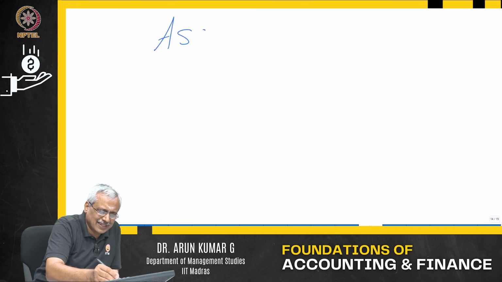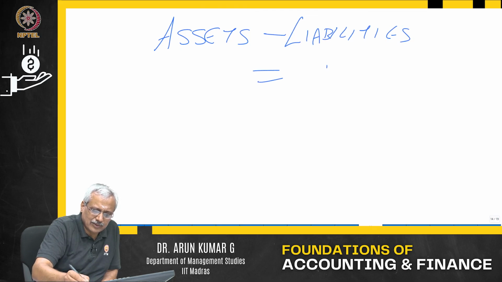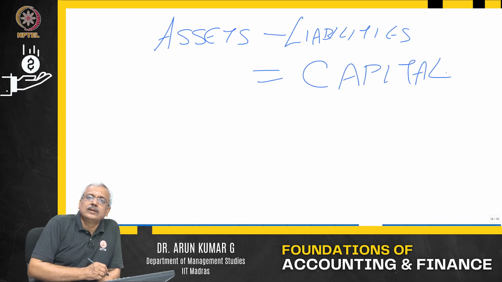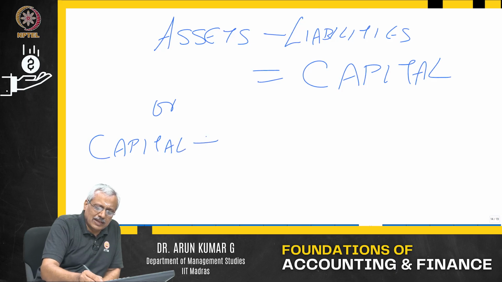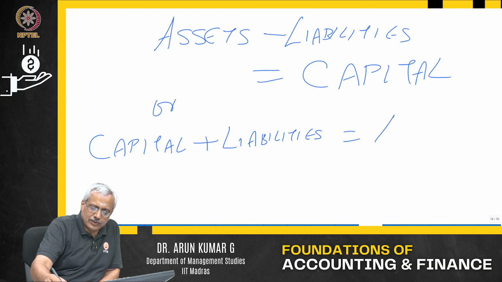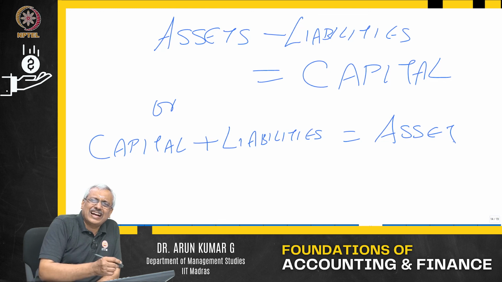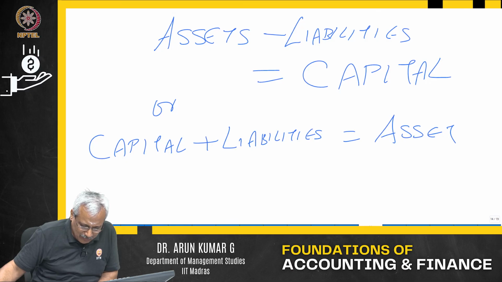We say assets minus liabilities is equal to capital, or whatever you can say, capital plus liabilities is equal to asset. So this is what we call the accounting equation. That means, what am I saying? Let us go back to the Excel sheet. I will be able to explain it better.